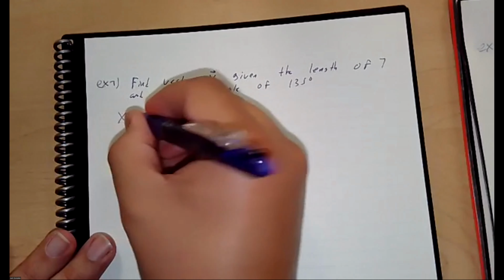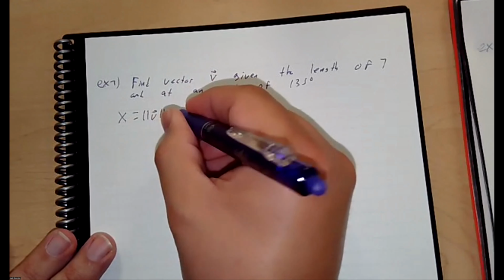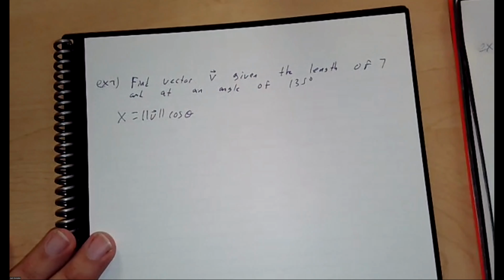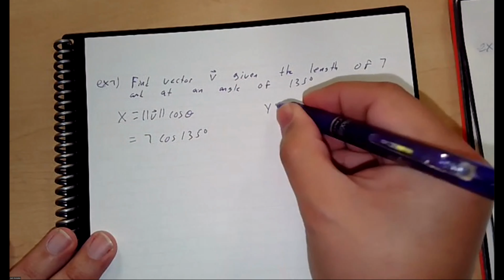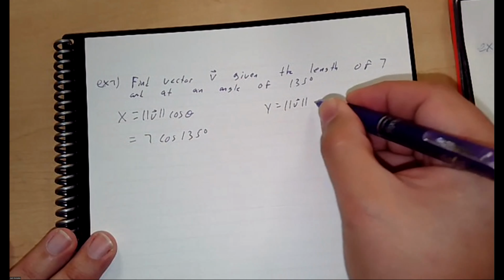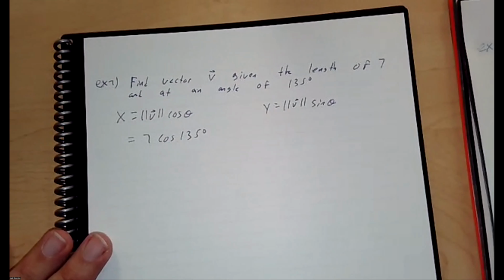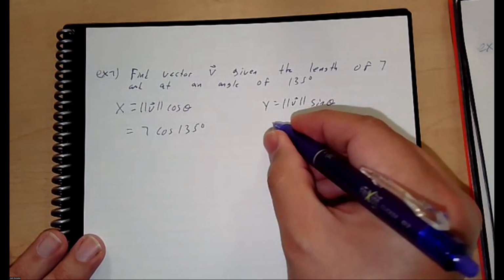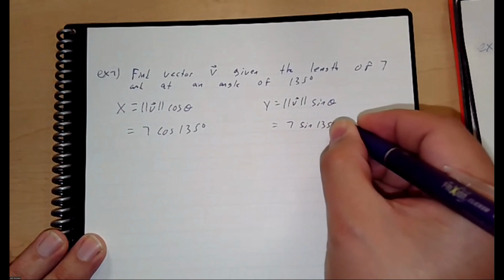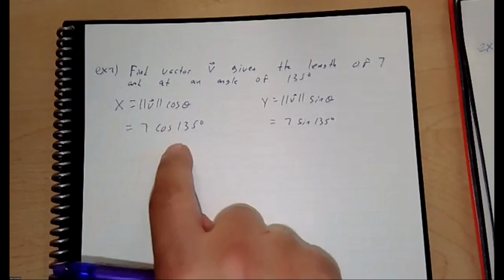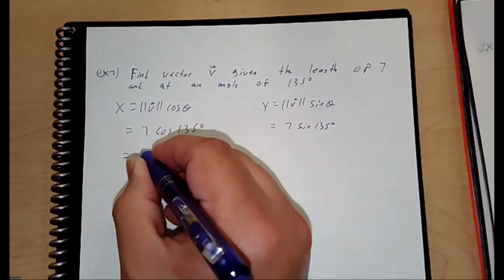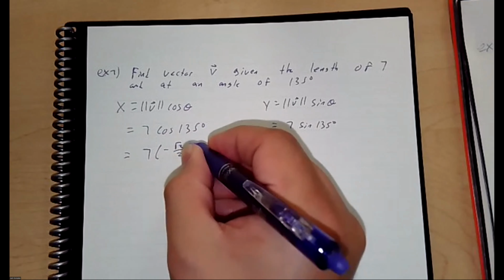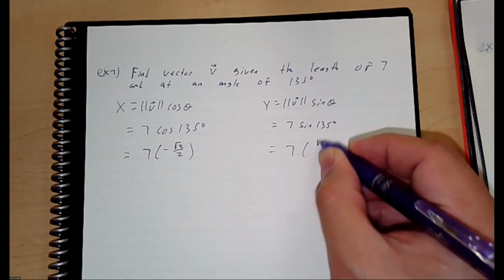So find vector v given only this information. Well, I can find the x component using the magnitude times cosine theta, right? The magnitude is 7. The angle is 135. Similarly, you can do the y component, magnitude times sine theta. So just plug it in. You'll get 7 sine 135. And then just find your angle. That's going to be negative for the x, positive for the y. 7 times negative root 2 over 2, positive for this one.